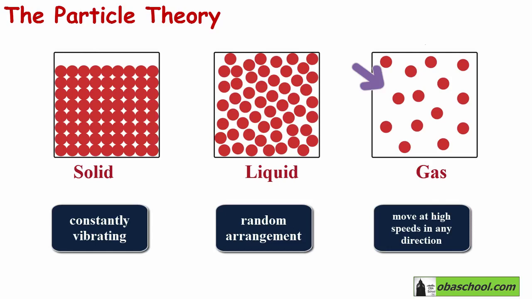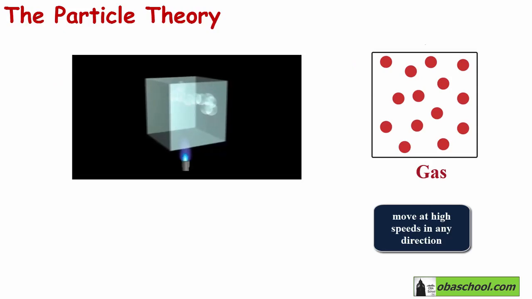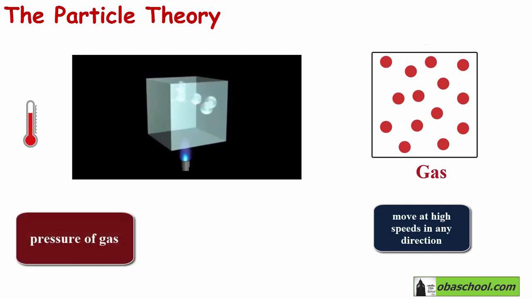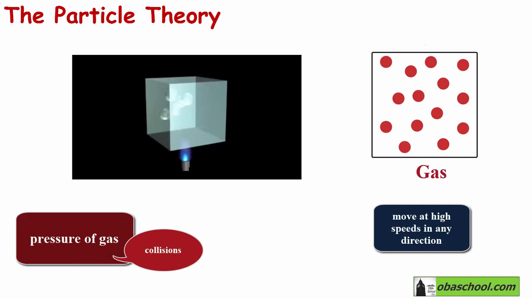Actually, the hotter the gas is, so the higher the temperature is, the faster the particles move. And the pressure of a gas is caused by the particles colliding with the sides of the container. The more frequent and energetic the collisions, the higher the pressure of a gas.